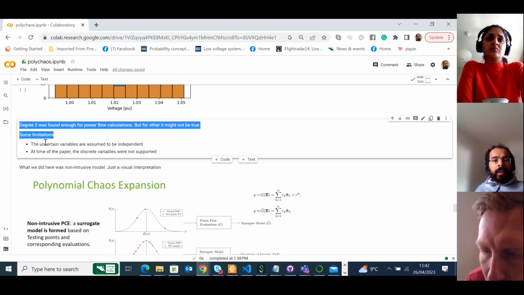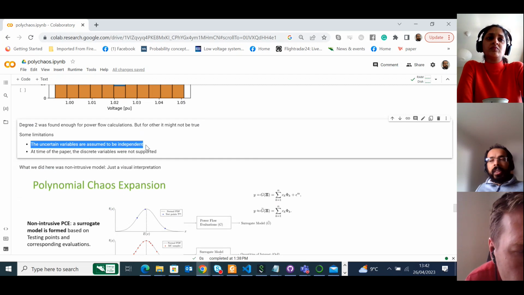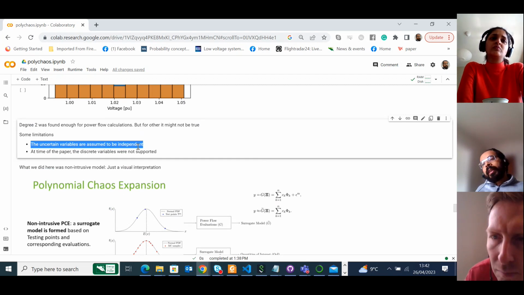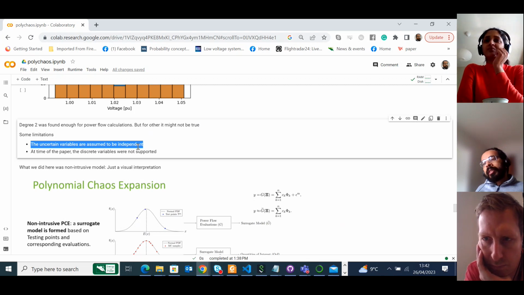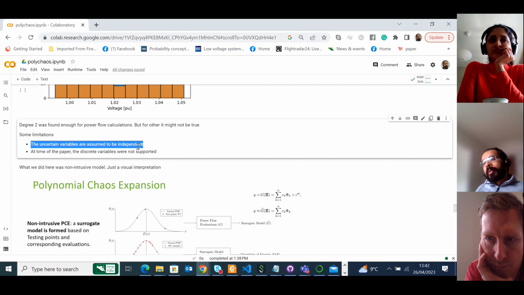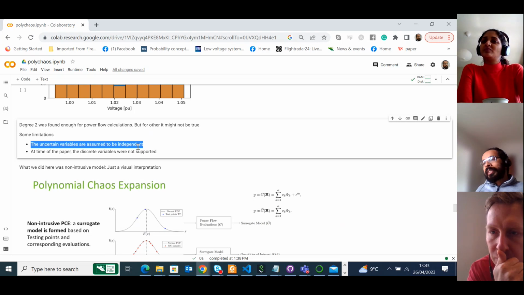And here the uncertain variables are assumed to be independent. So load and PV are assumed to be independent. If you have a house, you are assuming that your consumption of the load is separate, your PV is separate, and they are independent. But if these things are dependent on some other variable, let's say you want to model the uncertainty of temperature and your loads are dependent on that, it's still fine, because you have one uncertainty.